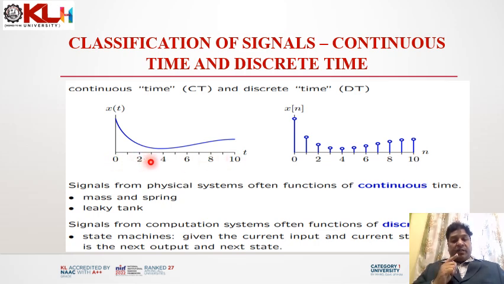It can take integer values and fractional values. And the discrete time signal, which is also called a discrete time sequence, has discrete time as the independent variable. This discrete time can only take integer values, but it cannot take fractional values.